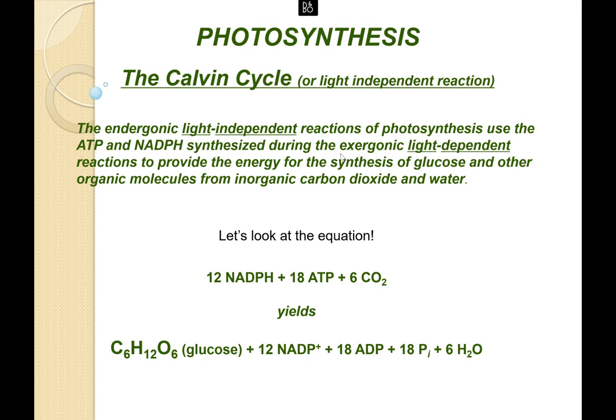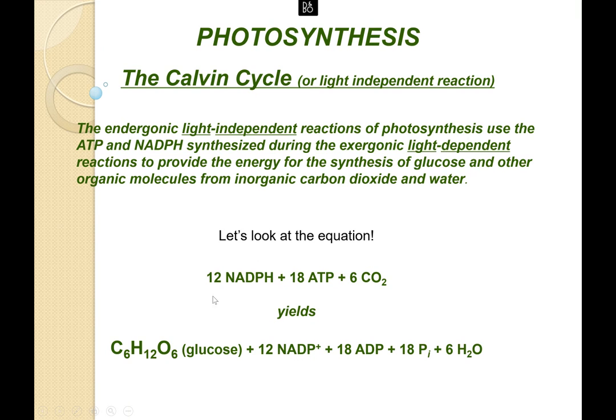Now, here's the equation for the Calvin cycle. Again, this is endergonic because it is using energy to make sugar. Light independent reactions use ATP and NADPH made during the light reactions to provide energy for the synthesis of glucose and other organic molecules from inorganic carbon dioxide and water.